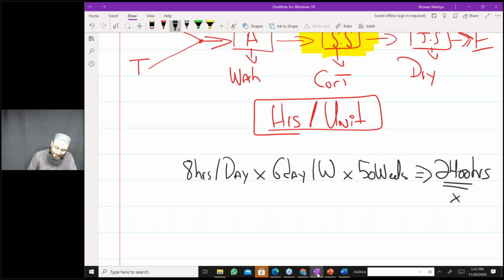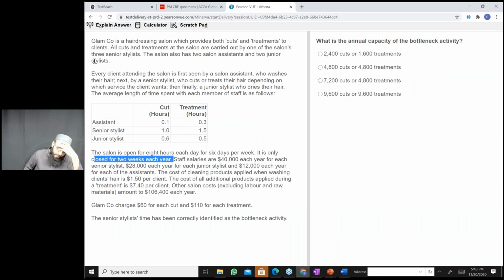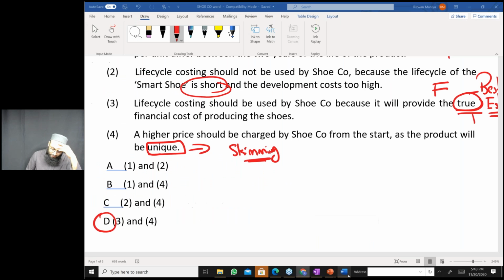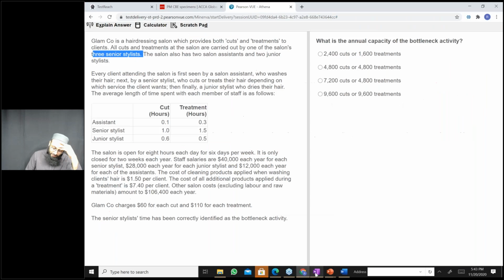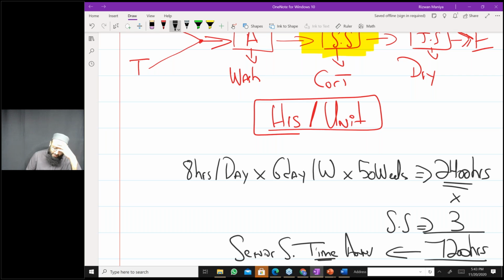So how many senior stylists do we have? The question has stated very clearly that we have 3 senior stylists. So I'll multiply this with 3, and when I multiply this with 3, I get the answer of 7,200 hours. Okay, so this means the senior stylist time annual is 7,200 hours. Are you all getting my point, my friends?